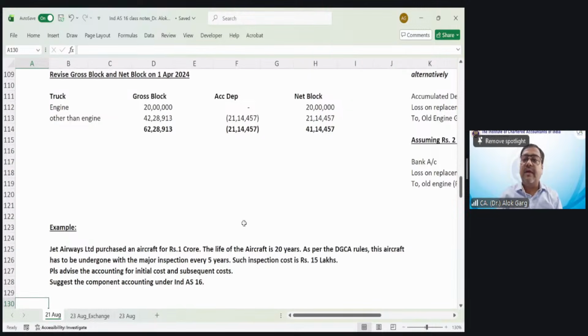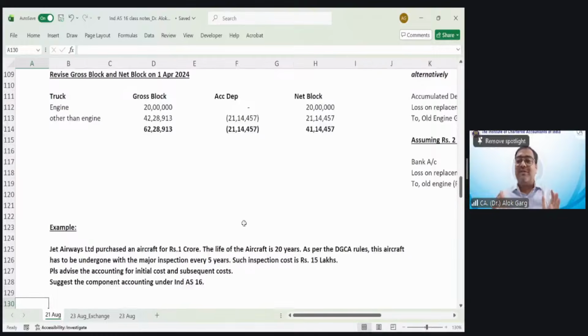The answer is no. It means the recognition criteria is met. Absolutely, the recognition criteria is met. And this major cost of inspection is going to be capitalized.